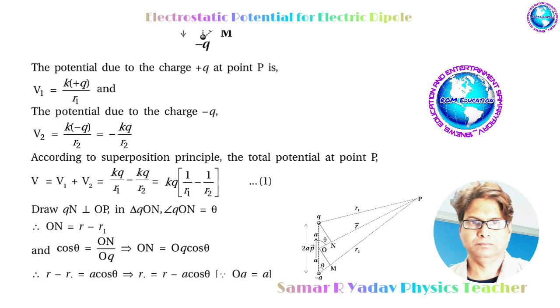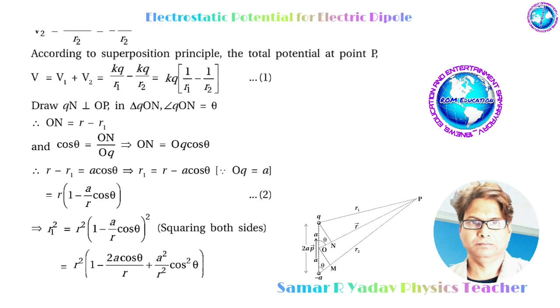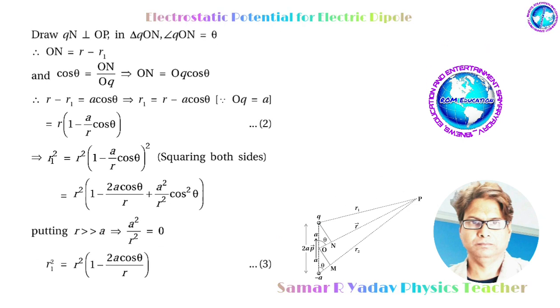Draw QN perpendicular to OP. In triangle QON, angle QON is theta, as you can see in the figure. Therefore ON = r - r1, and cos theta = ON/OQ, which implies ON = OQ cos theta. Therefore r - r1 = a cos theta, which implies r1 = r - a cos theta, since OQ = a. Therefore r1 = r(1 - (a/r) cos theta).